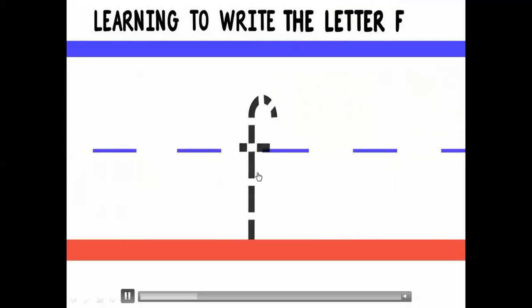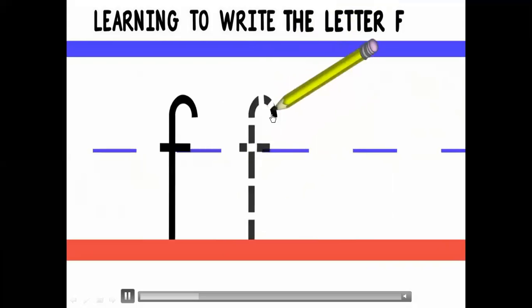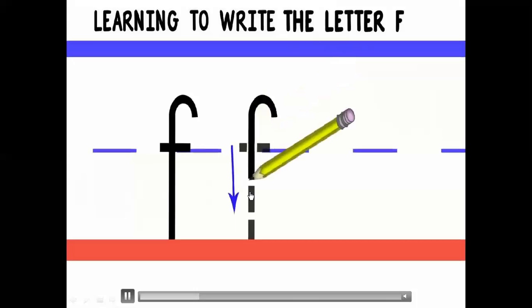Okay, now let's try a small f, lowercase f. Draw a curve just below the top line, then convert into a straight line, and then at the middle draw a small sleeping line. Now let's try once more. Draw a curve and then convert into a straight line touching the bottom.